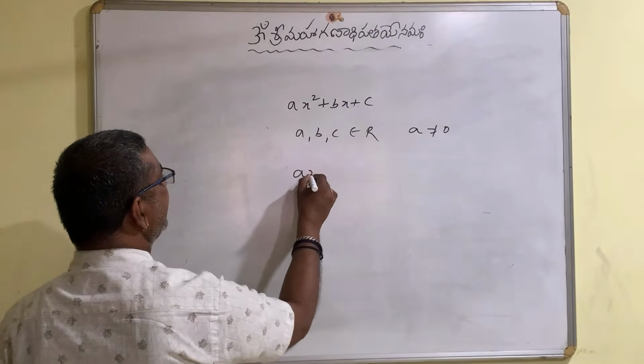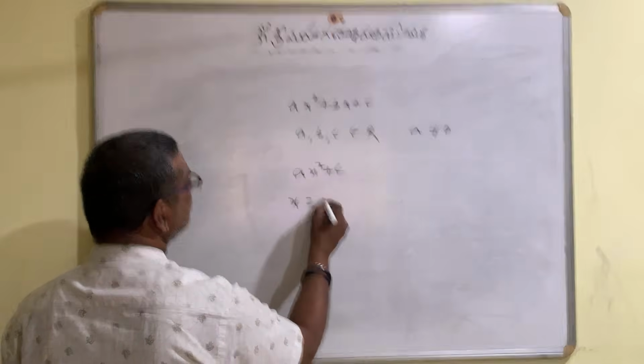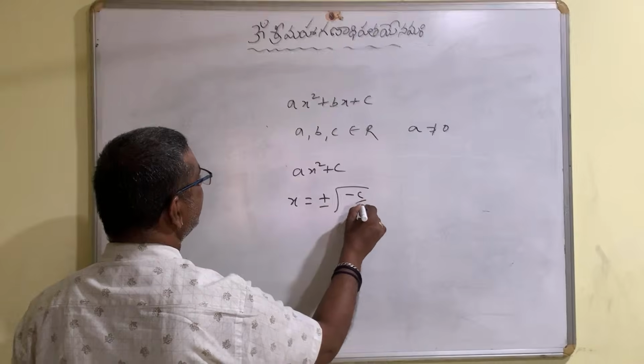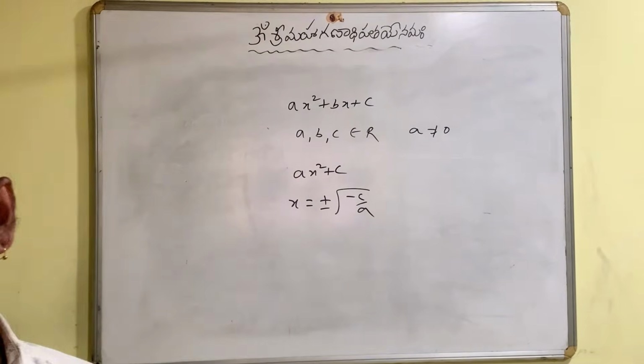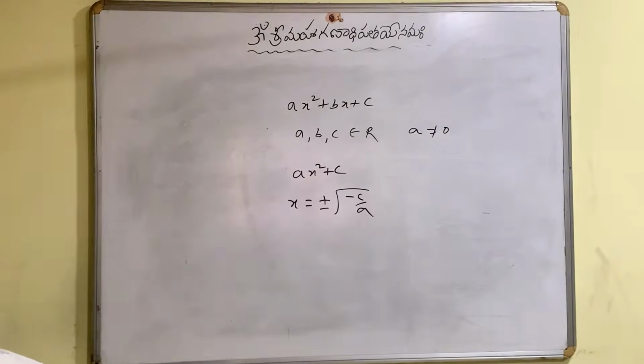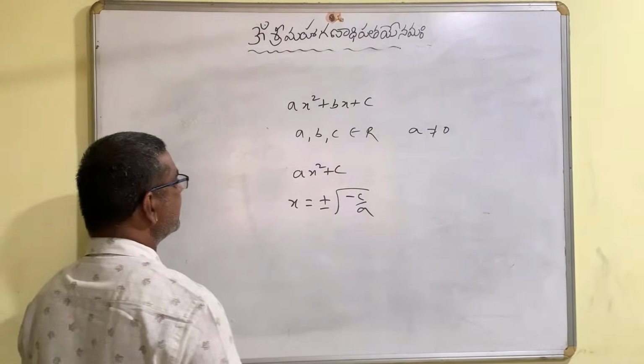Any quadratic equation of the form ax square plus c, the roots are x equal to plus or minus root over minus c by a.